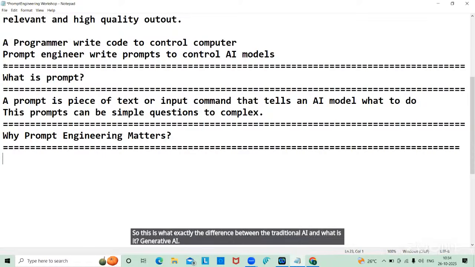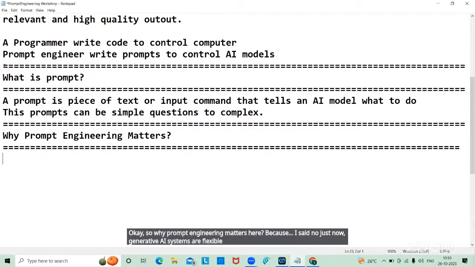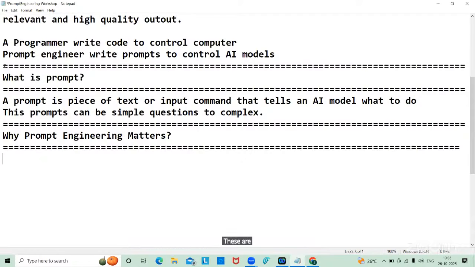The next one is why prompt engineering matters here. Because, as I said just now, generative AI systems are flexible, but it depends on inputs.